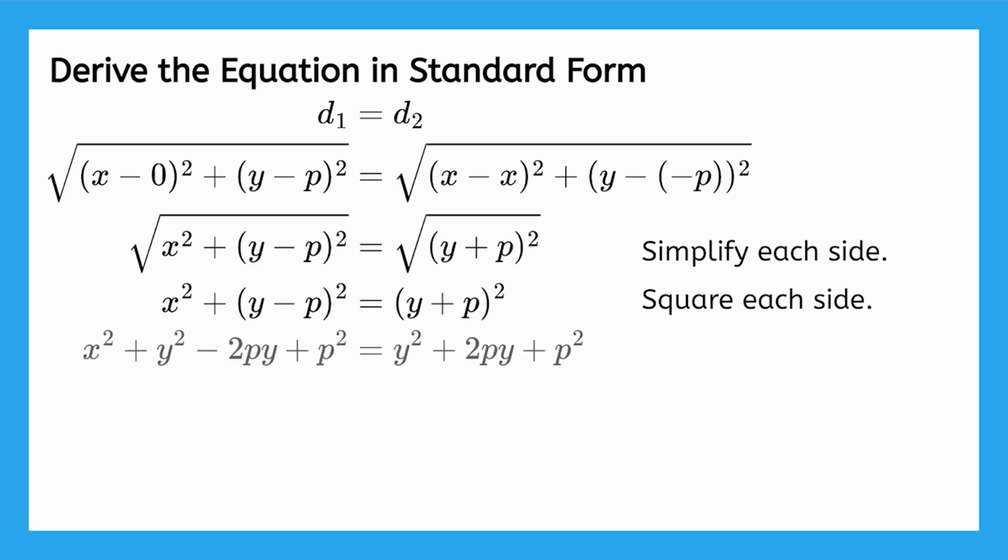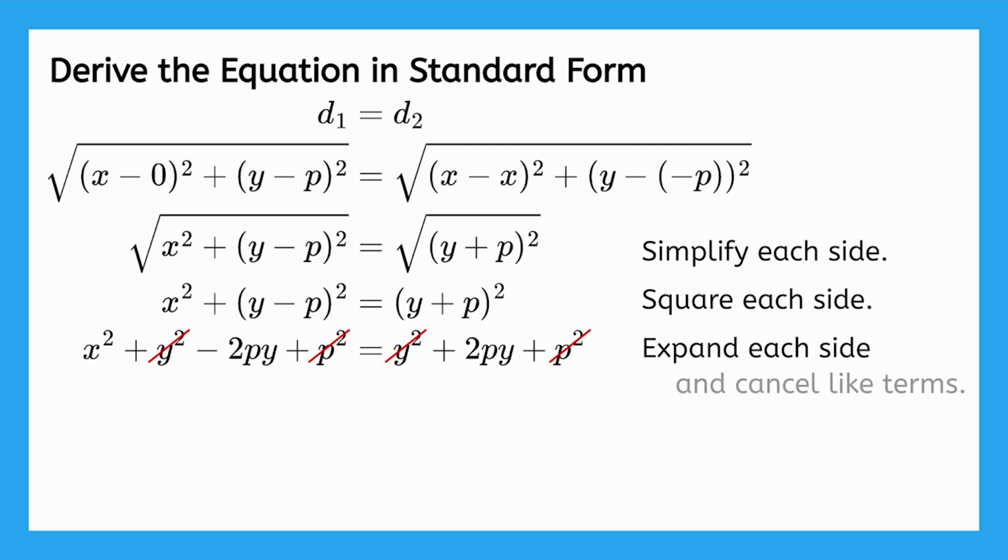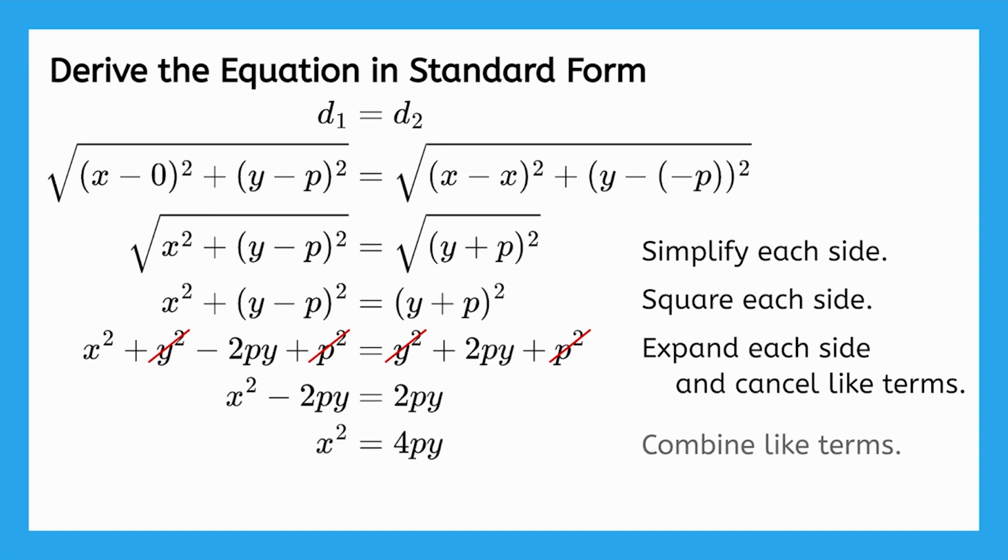Then, we'll expand both perfect square binomials. Next, cancel the like terms. After simplifying, we get this expression. What's the final step? Right, combine the py terms and rewrite it as x squared equals 4py.